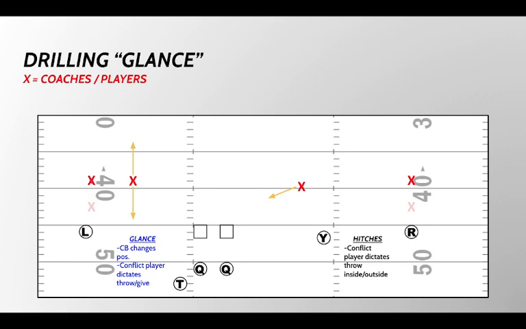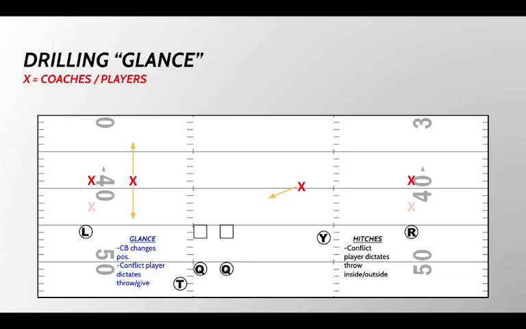You can keep him stationary at first just to work the decision side and then work a full speed rep with him, actually have him adjust to the route. But I would suggest as you're getting started, really just have that guy be stationary so that your receiver can make the decision on either the go ball or the bender.